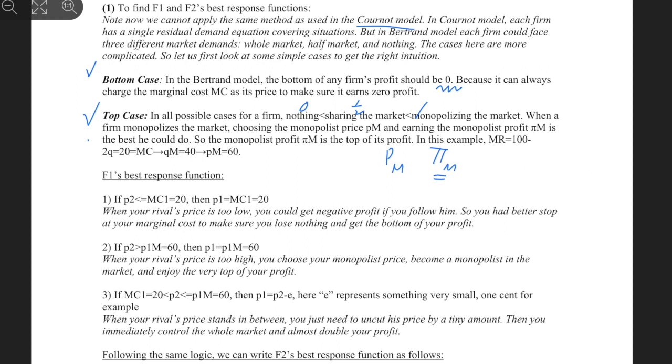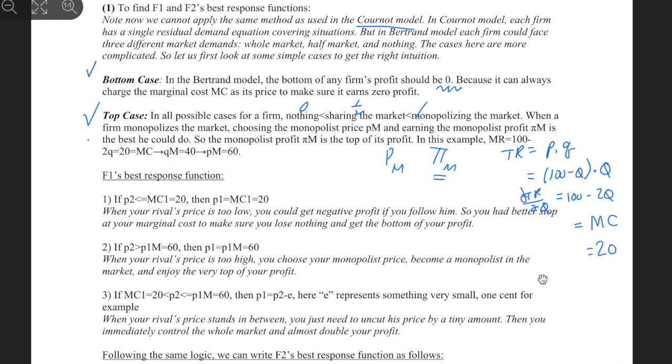Going back again, total revenue equals P times Q, and P equals 100 minus Q, and in the best case he is getting the whole Q. So if we take the derivative with respect to the total market Q, we get 100 minus 2Q, and we set that equal to marginal cost, which was $20.